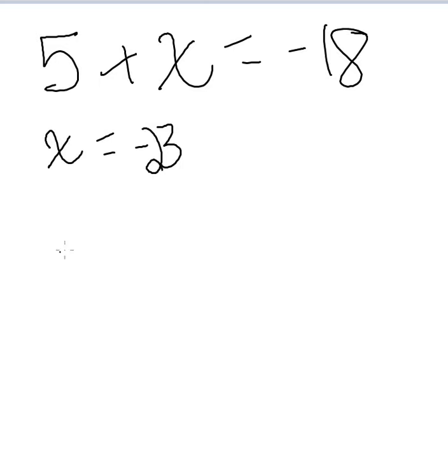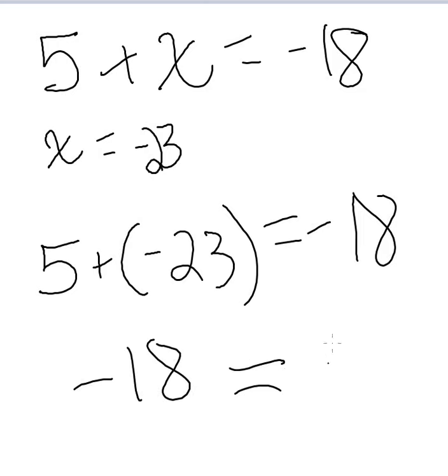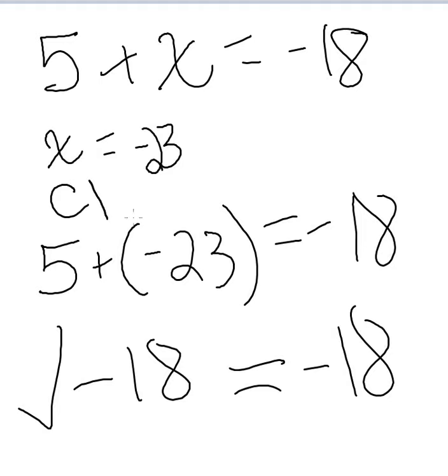So to do the check, we write 5 plus parentheses negative 23, and we're just plugging this back in, equals negative 18. And that equals negative 18, which equals negative 18. So this checks out. You might want to write "check" underneath to show that this is your check. And that is how we use the additive inverse.